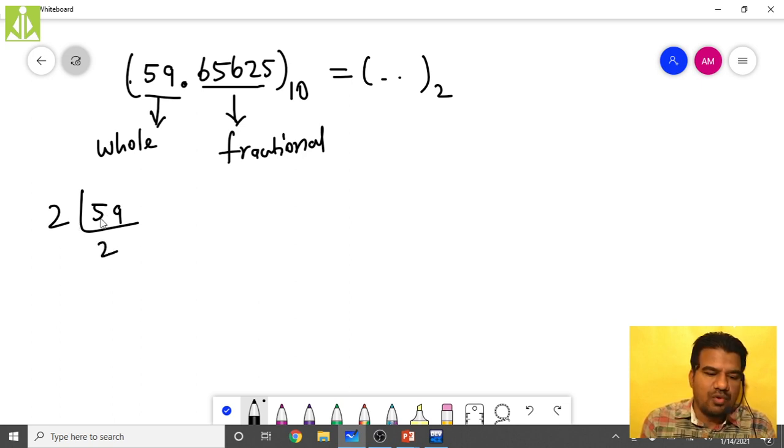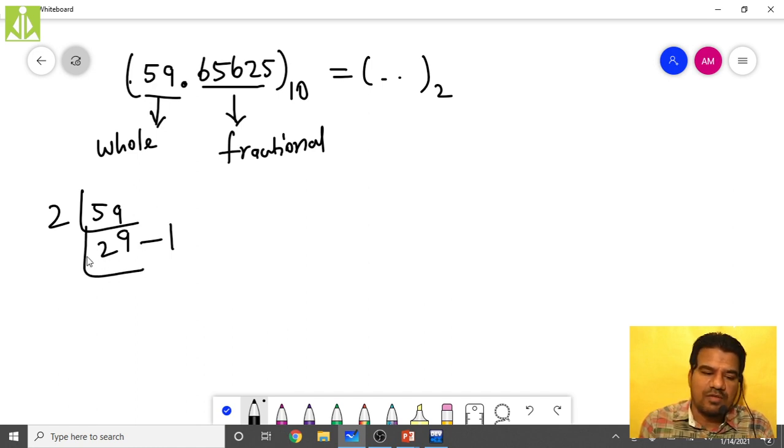2 2's 4, 1 will remain, and 19. 2 9's 18. So 19 minus 18, still 1 remains.